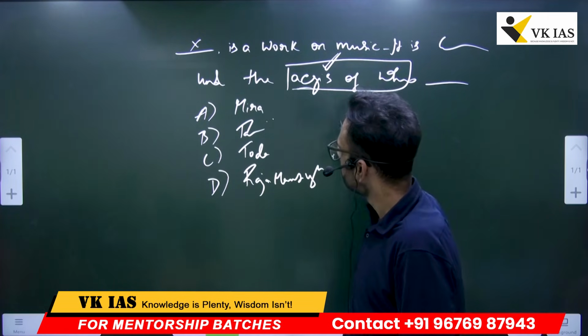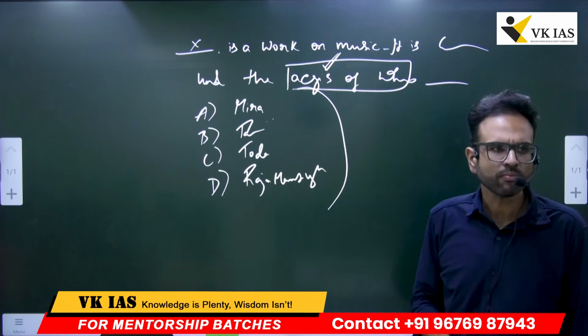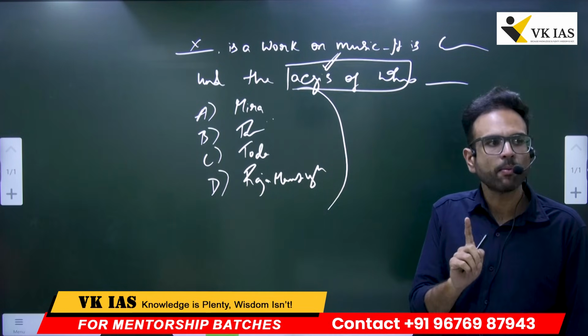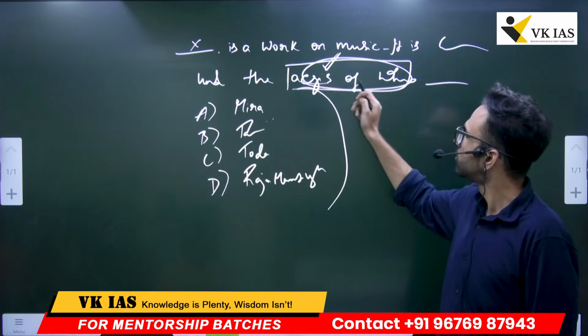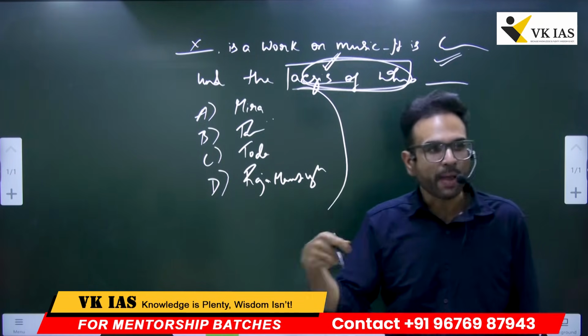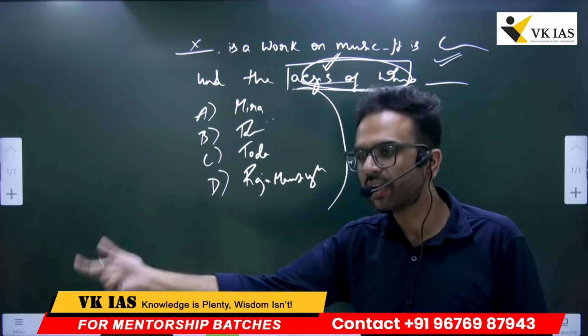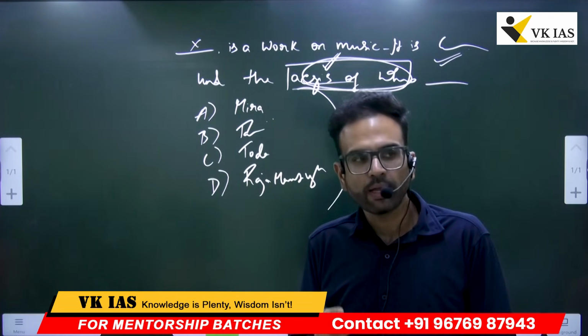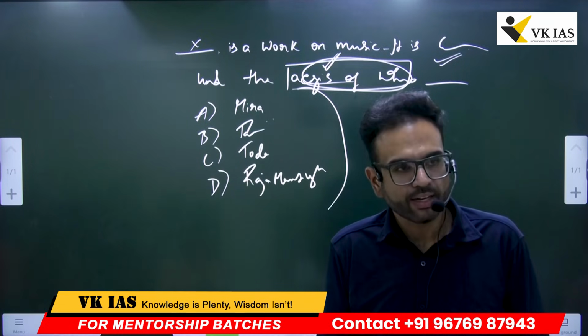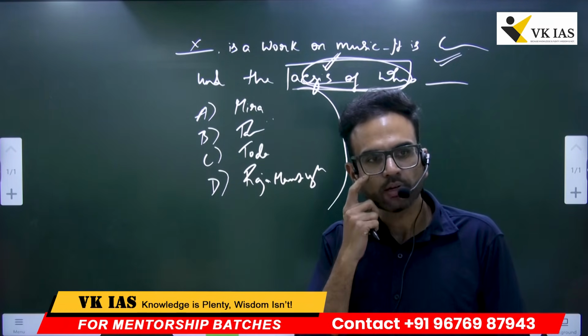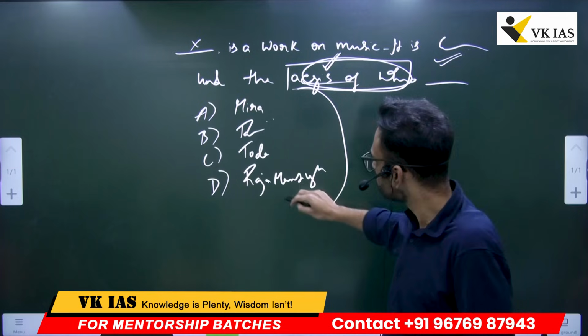If you see the options here, there is only one person who is capable of paying. It is commissioned, it is paid for, and it is a work that is done by someone else. Among the given options, who is more likely to pay for that kind of work? The word itself is Raja Mansingh.